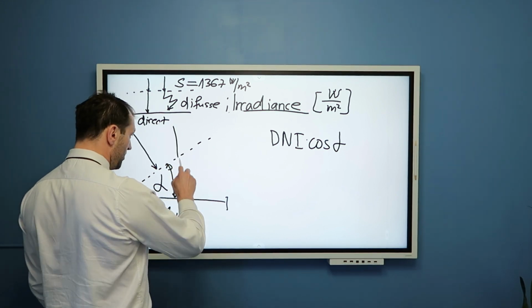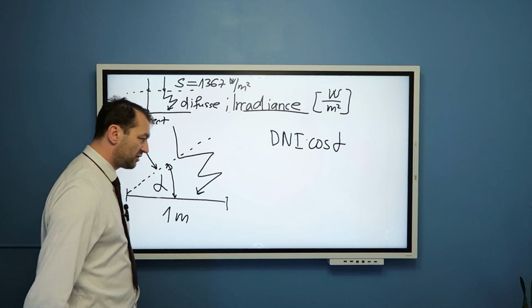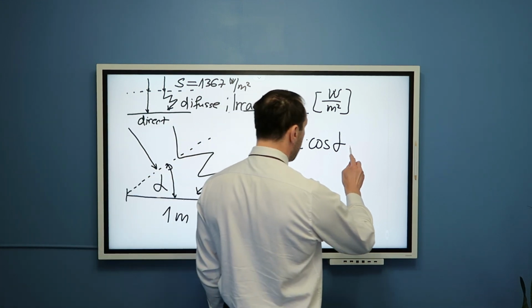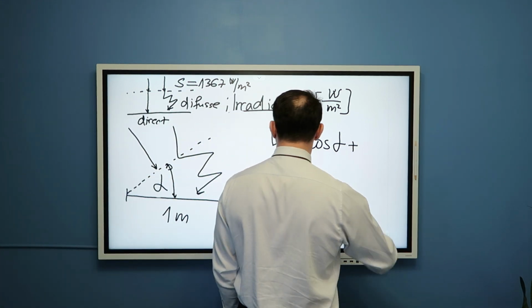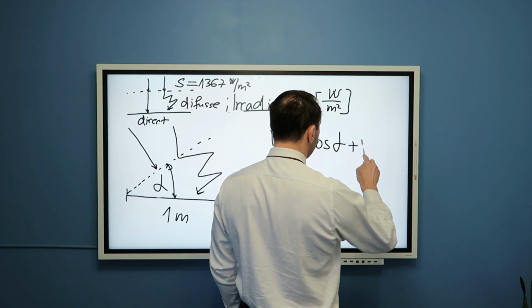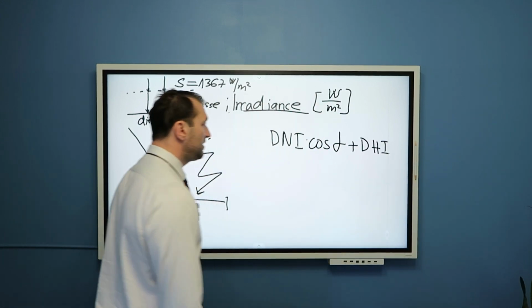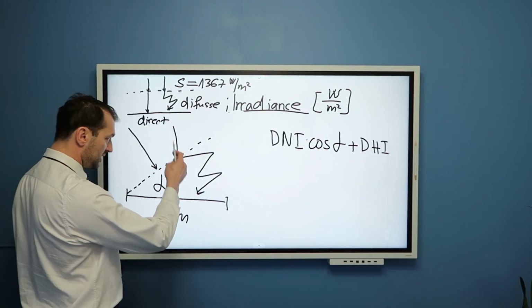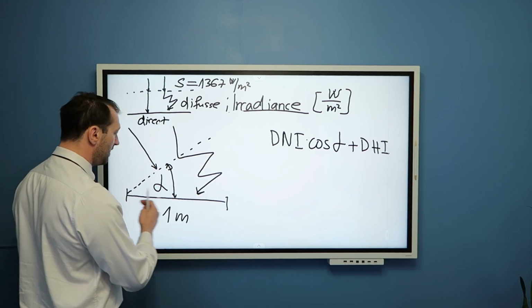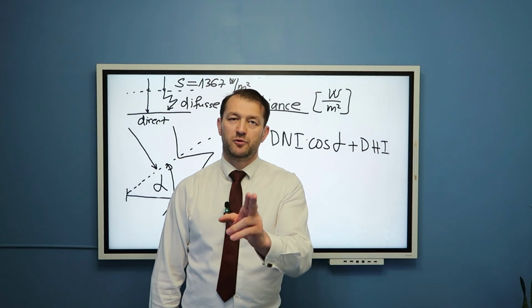But remember, we also have diffuse radiation that can reach this horizontal surface. So I can add here this term, which is known as diffuse horizontal irradiance. So diffuse horizontal irradiance is the amount of this diffuse light that is falling on the horizontal surface. I know what some of you are saying.